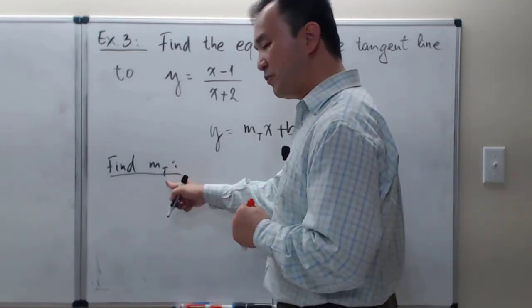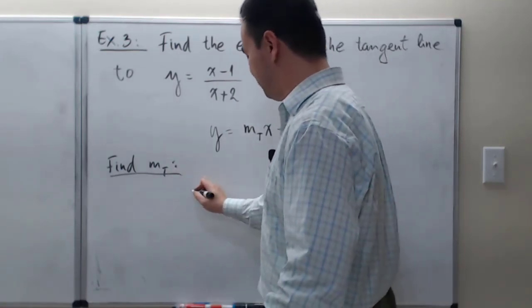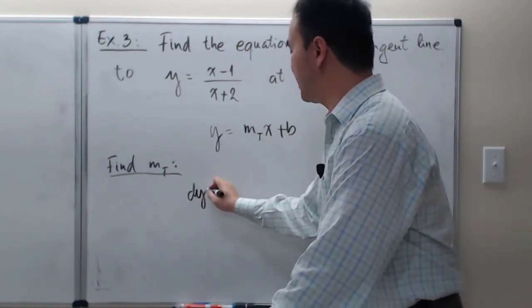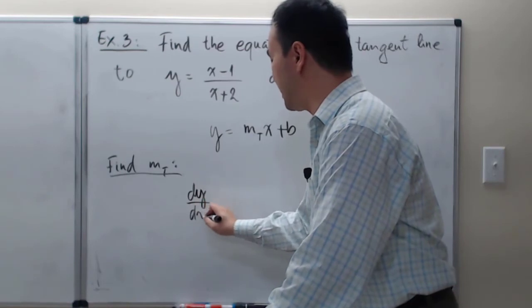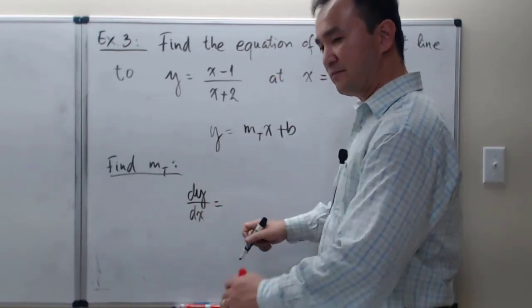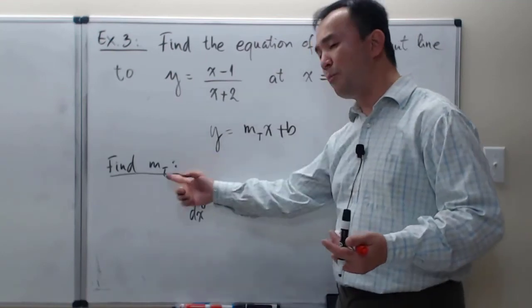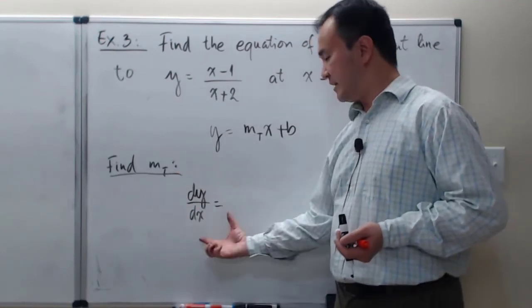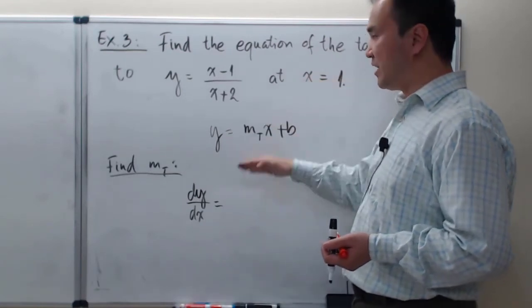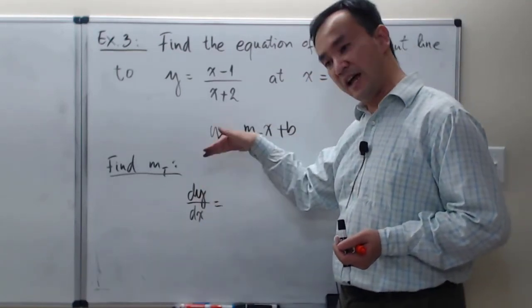But before we can actually get the slope, a real big step within this part is to find dy dx, the derivative. Remind yourself again that the whole point of finding any derivative is to eventually substitute in the given value to get the slope of the tangent line at that point.